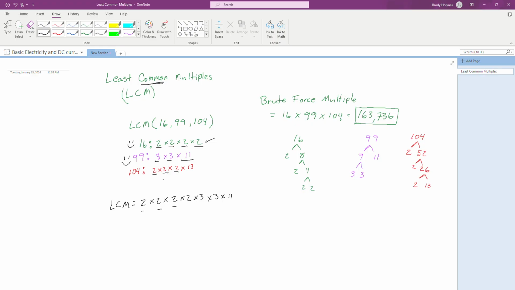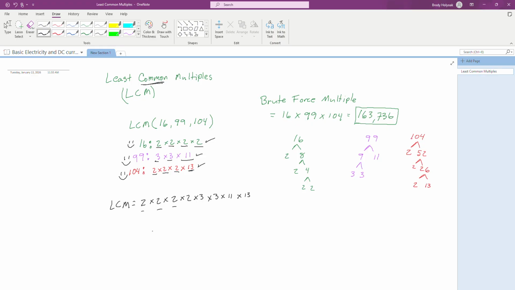So those 3 2's are already taken care of. We already have those three factors. The only thing we're missing now is a 13. So then I have to multiply this by a 13, and now all the factors for 104 are contained somewhere in this least common multiple calculation. So 104 has everything, and it's now happy.